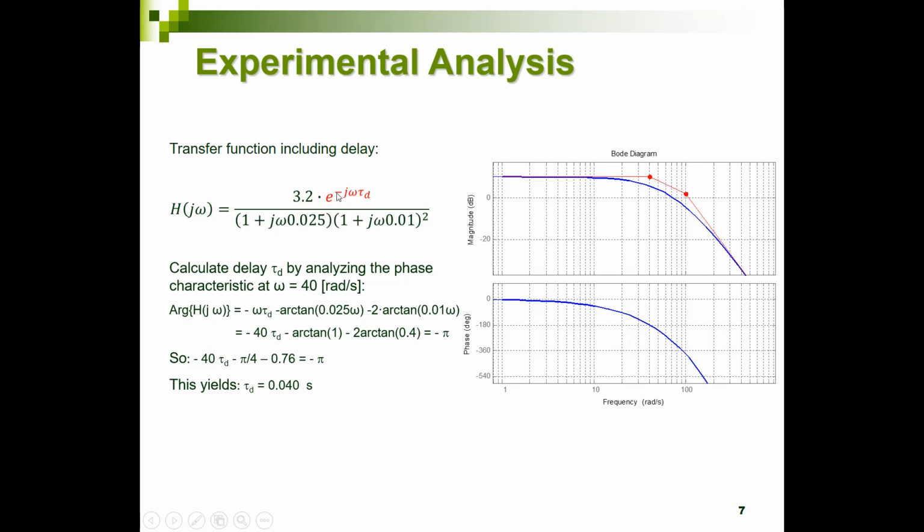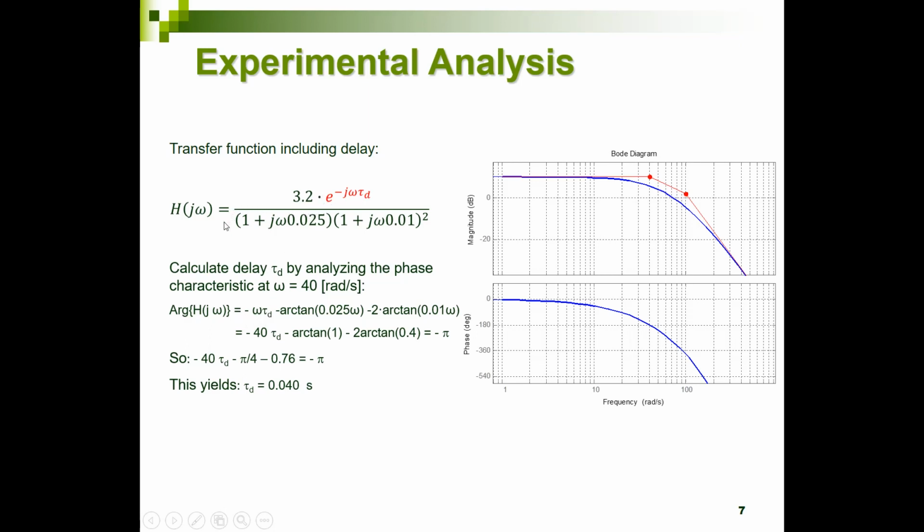So it's minus omega times tau d. Again, the phase from a delay is in the exponent of my complex number, everything except for the j, so it's minus omega times tau d. That's written over here. So that's the phase of the numerator.